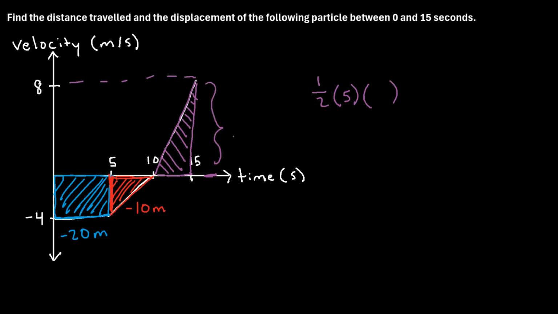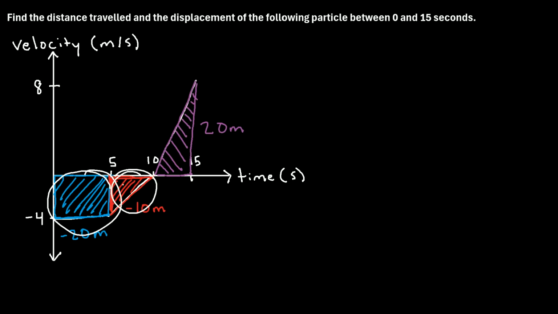So this side right here is 8, or we'll call this the height of the triangle. So let's write that right here. So the area of this triangle is 1/2 times 5 times 8. So 5 times 8 is 40, and 1/2 of that is 20. So the area of this purple triangle is positive 20 meters. And again, whenever we're calculating area below the x-axis, these are going to be negative values. And whenever we're calculating area above the x-axis, that's going to be a positive value. So that's why it's positive 20 meters.